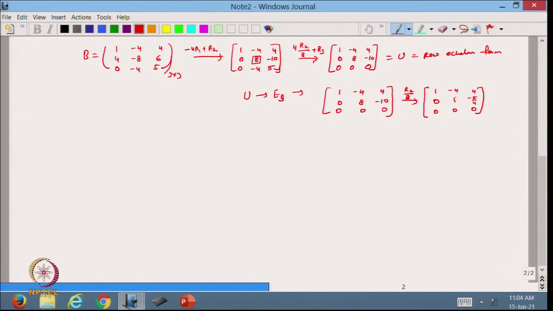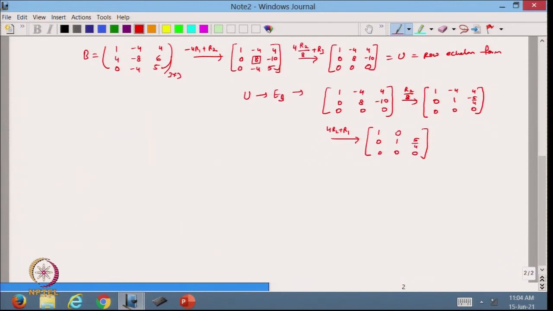So, now it is 1 1. So, now I have to make this element 0. So, what I am going to do is I am multiplying by 4 R2 and adding to R1. So, 0 1 minus 5 by 4, 0 0 0. Now, this is 1.